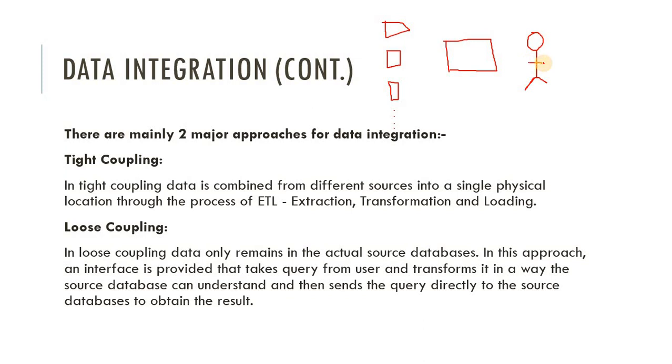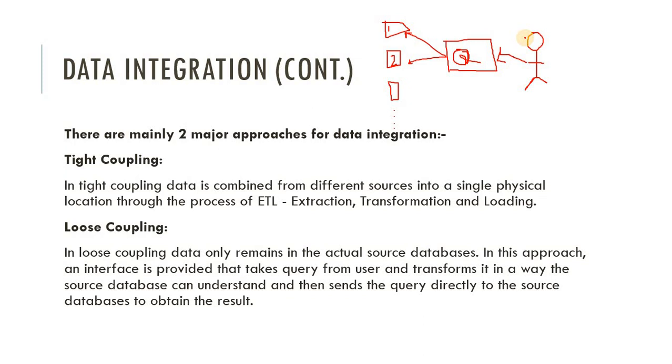So here is the user. Suppose a user wants data for analysis. The user uses this interface and writes a query for fetching the required data. Suppose the user wants data from the first and second database, then that query goes to the first and second database and returns the data, and the combined result is shown to the user.